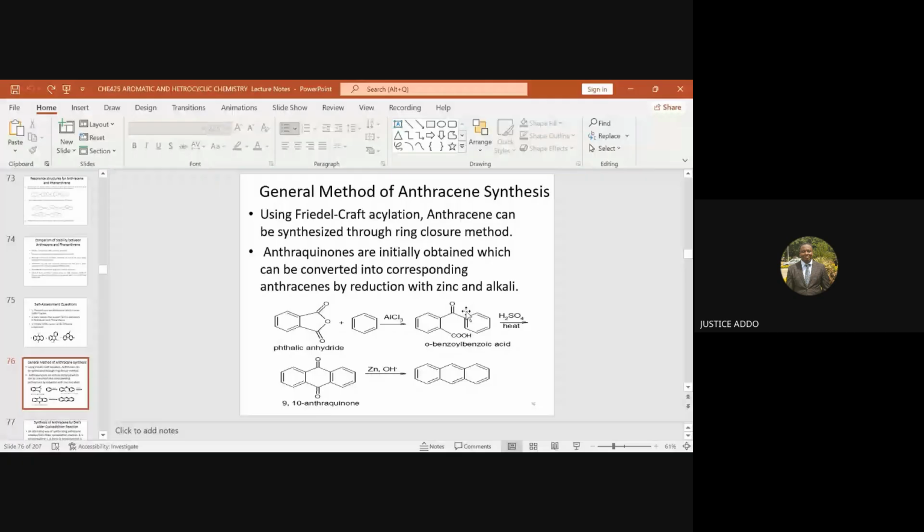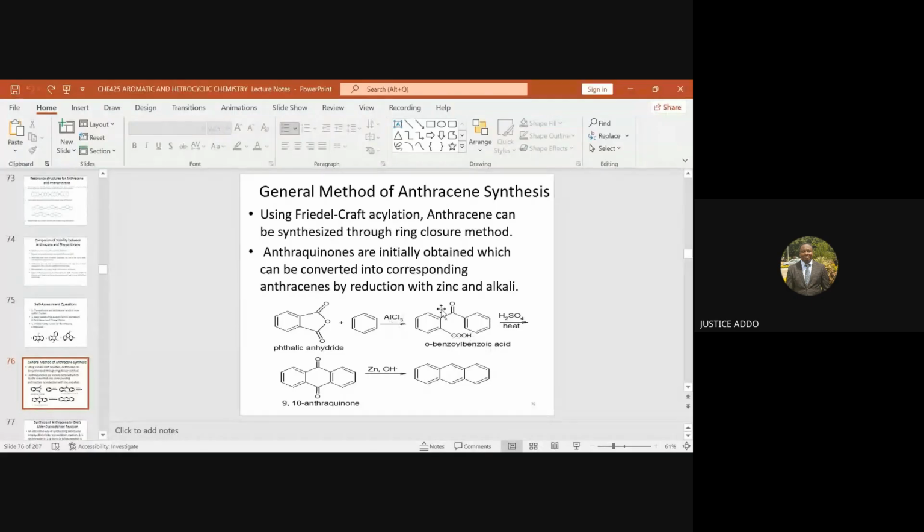So now, methods of preparing anthracene. How do we synthesize them? We can use the Friedel-Crafts acylation. So here you don't begin with benzene. You can begin with phthalic anhydride and benzene, then Lewis acid.